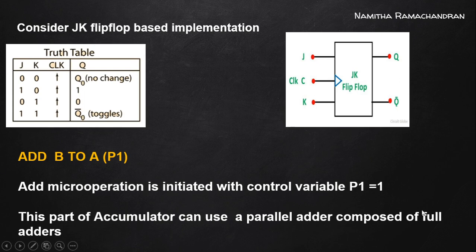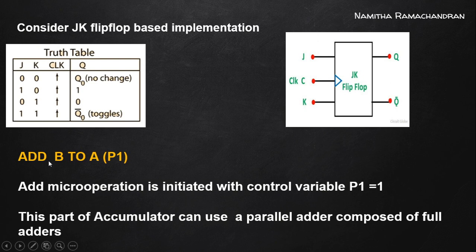For supporting such an operation, we need to consider the design of an accumulator circuit. For performing such an addition operation, this part of the accumulator can use a parallel adder composed of full adders. We have already discussed this in our ALU design part.